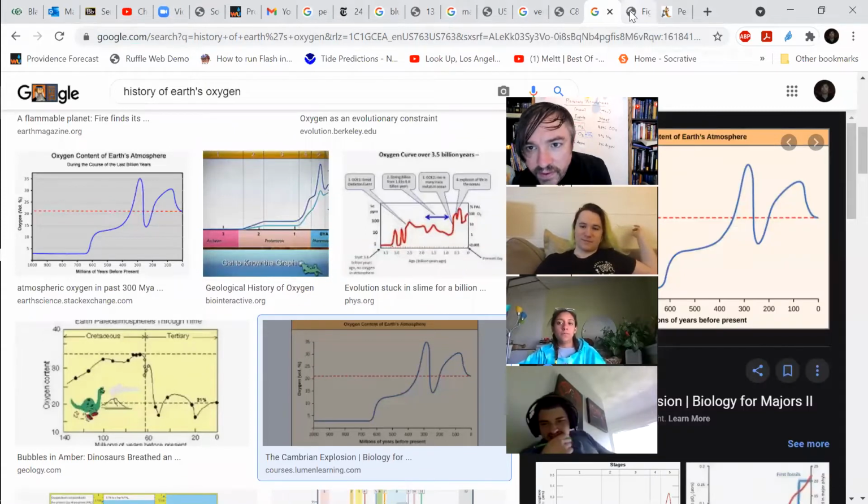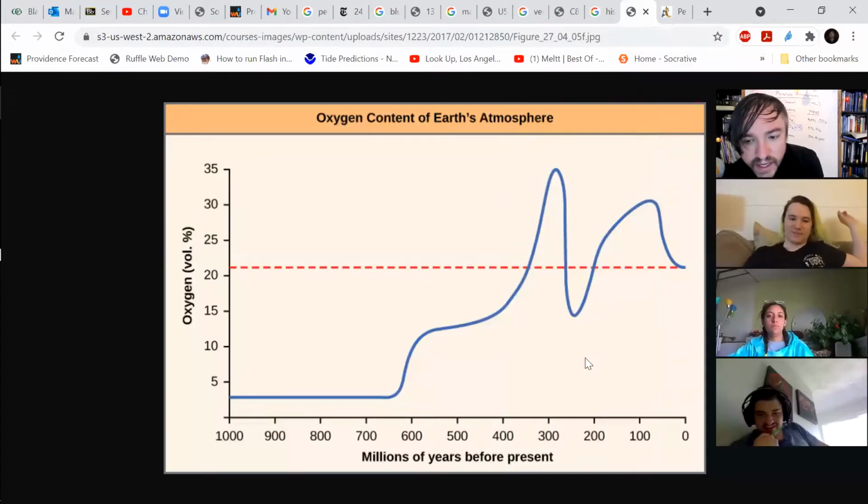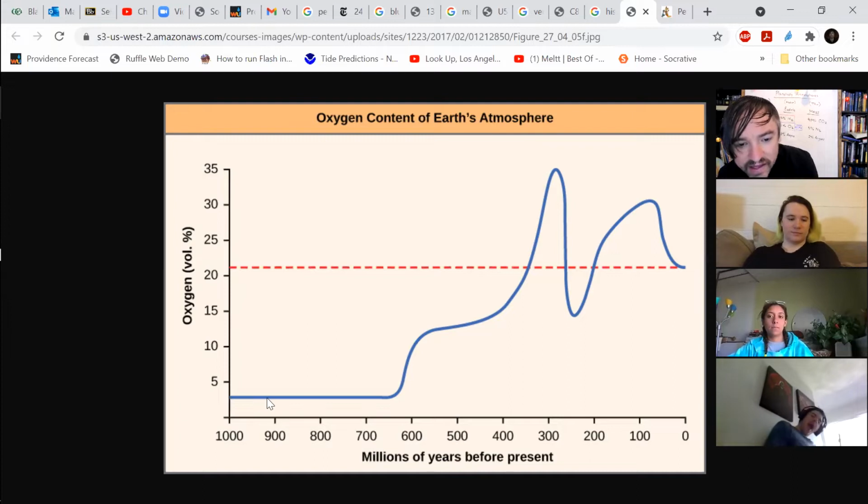So I think this might be what you're referring to here. If you were to go back a billion years ago, oxygen makes up less than 5% of our atmospheric gas. And as life gets more of a foothold and cyanobacteria populate oceans, rivers, and streams, we can see the oxygen growing. Do you remember, Ian, what caused the switchback? I don't remember all the specifics, but I do know it was one of the 5 mass extinction events we've had.